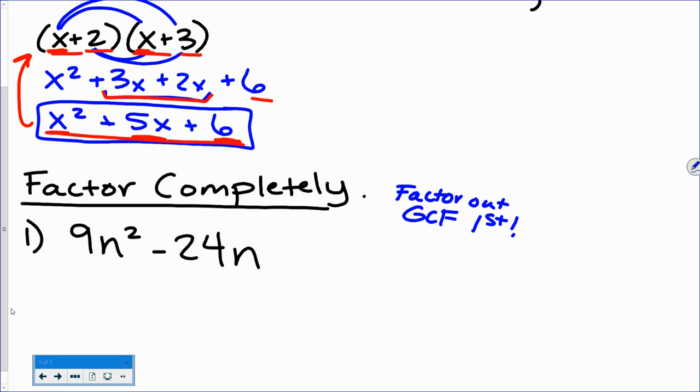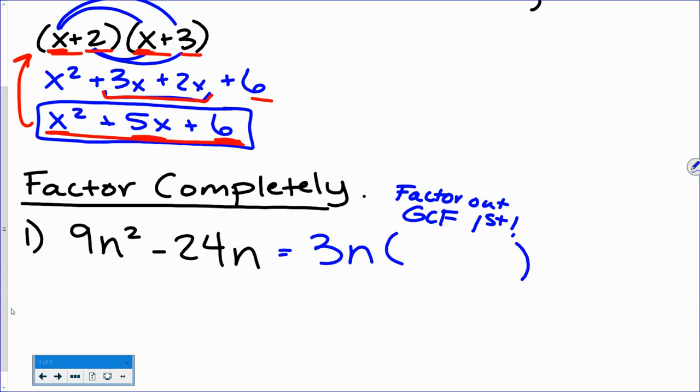So if I look at number 1, there is a number that divides both 9 and 24, which would be 3. And they also have a common variable that they share. They each have at least one n. So 3n is considered that greatest common factor, so I'm going to pull that out in front.